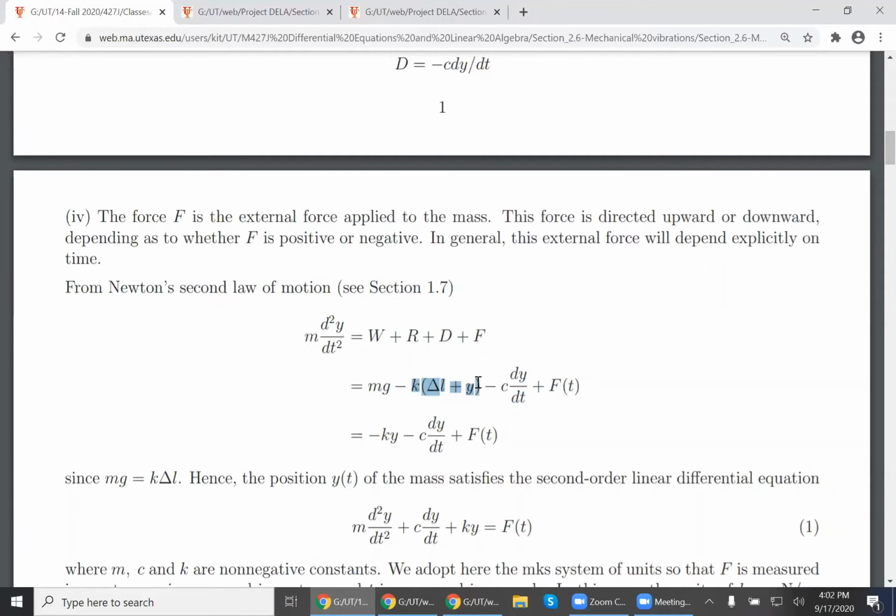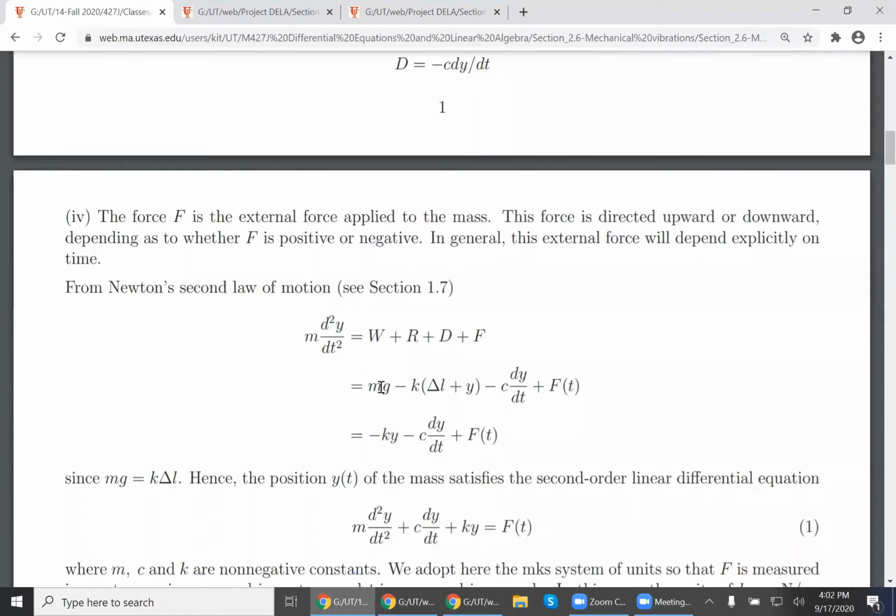If we expand parentheses, we'll get the following: negative k times delta L minus k times y. Negative k times y is over here. But what happened to mg and negative k delta L?